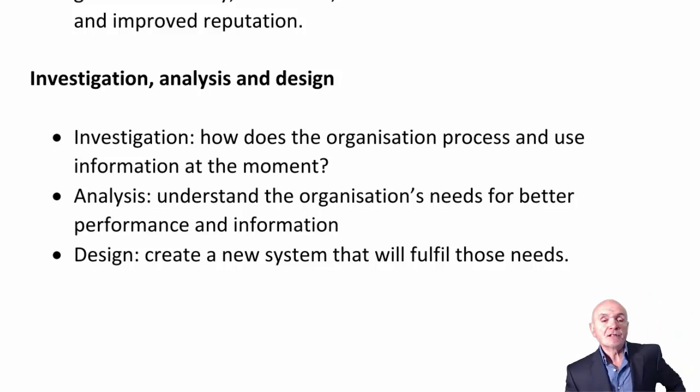So investigation is really finding out what are we doing at the moment, how do we make our money, because the chances are that at the moment, if you are making money, for example, or operating satisfactorily, what you're doing is a kind of minimum processing you must be doing, that you must do at least that. You must present at least those services, produce at least those products, give people at least that basic service, because that's what's made you successful at the moment.